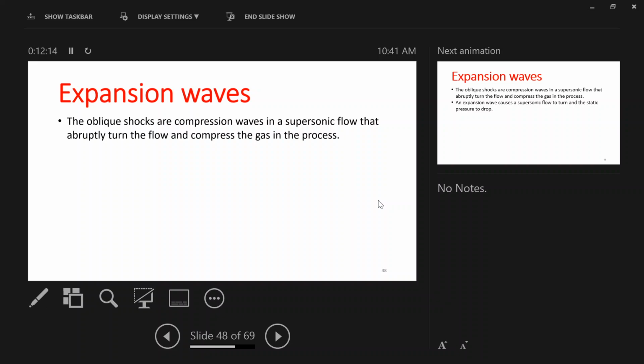So we need a mechanism that acts in the opposite way of a shock. That's what we call the expansion wave. An expansion wave is a wave that causes a supersonic flow to turn again, the same as an oblique shock wave, but it also causes the static pressure to drop.